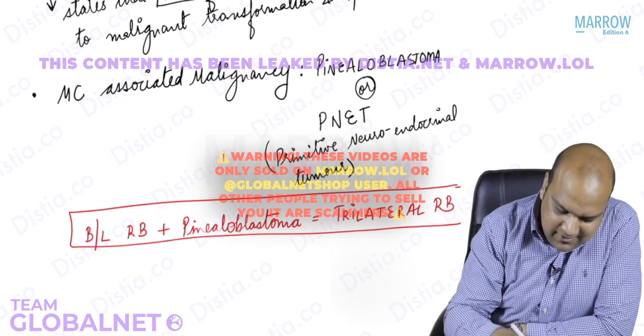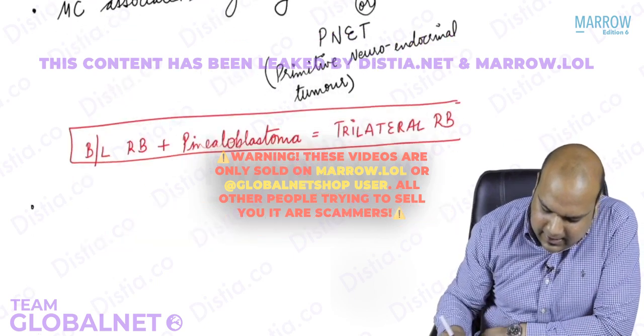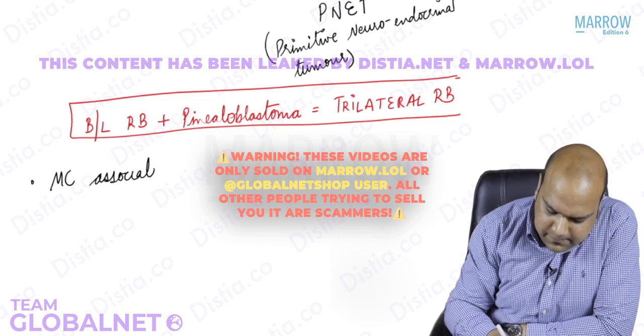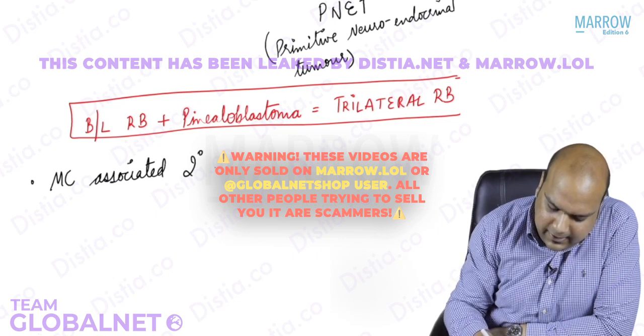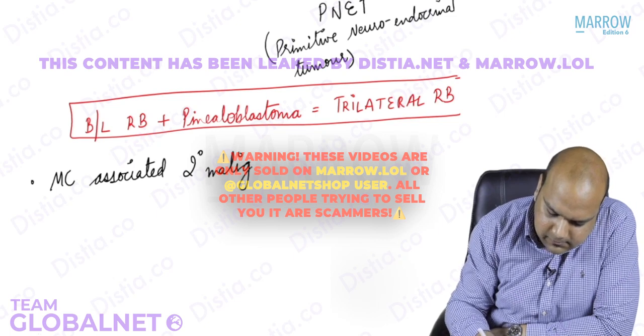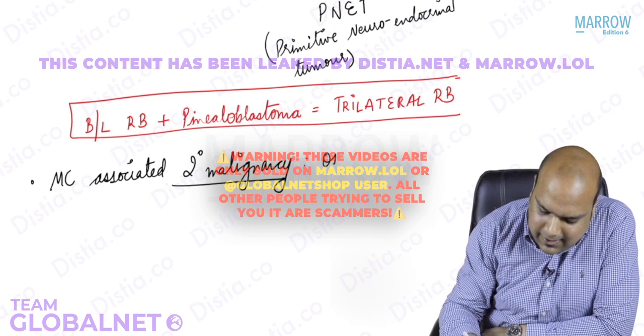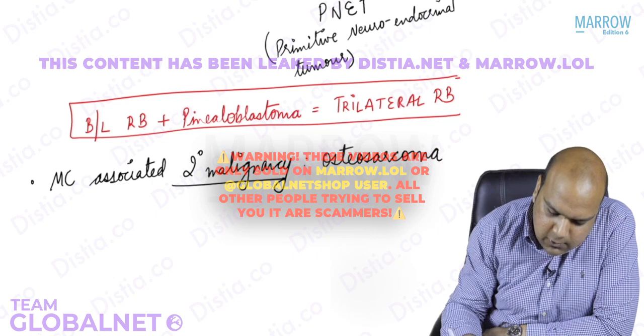Yes? Now, if the question is slightly asked in a different way, what is the most common associated secondary malignancy? If they're asking you most common associated secondary malignancy, that is when you end up answering osteosarcoma.